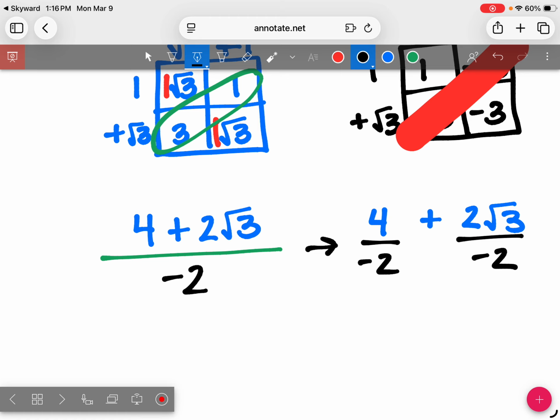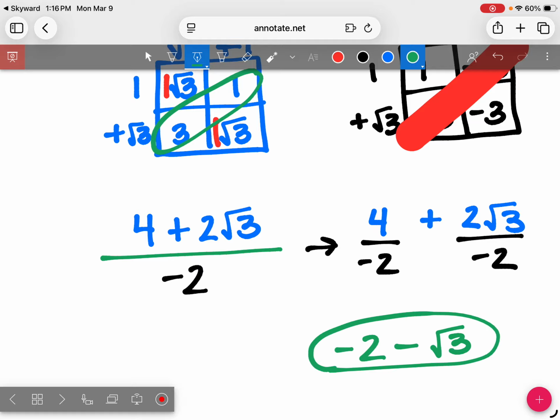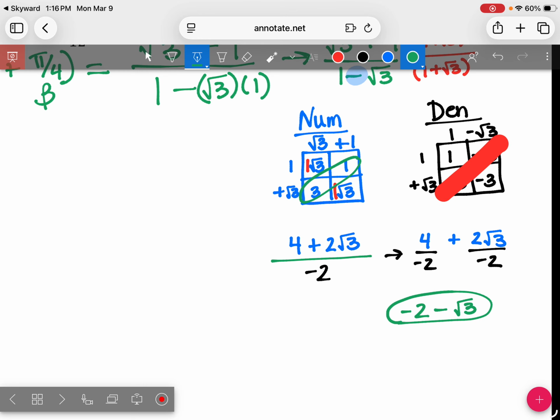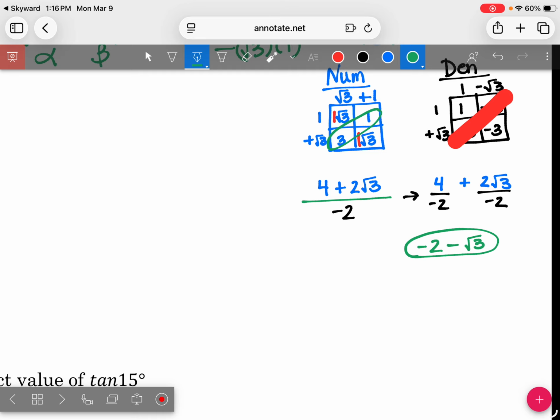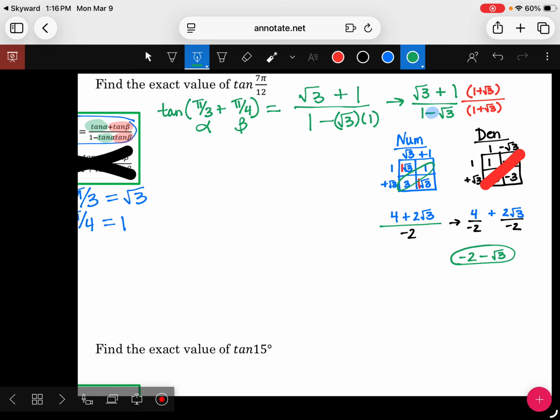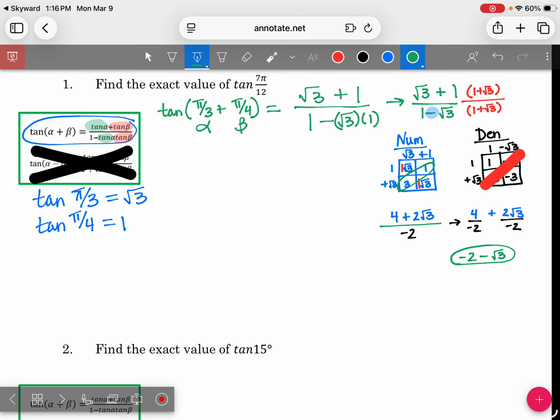So the final answer that I'm looking for when you take your test next week would be negative 2 minus, you could put the 1, but you don't have to, root 3. So it's a lot more work, but again, you have the identity, so you don't have to memorize it.